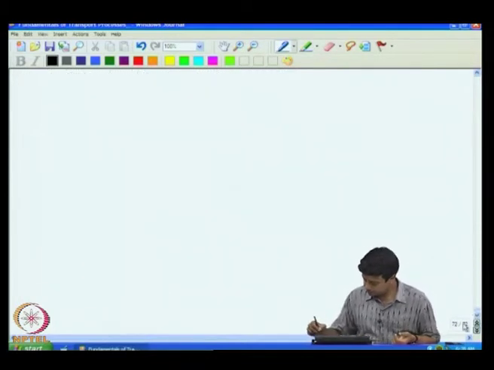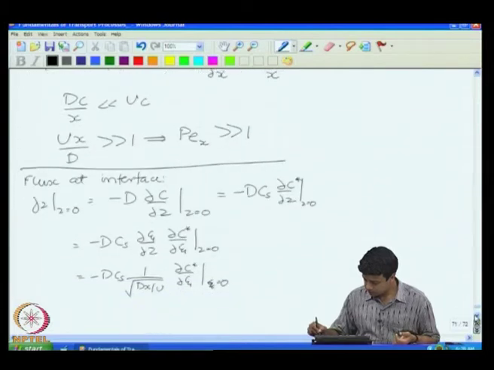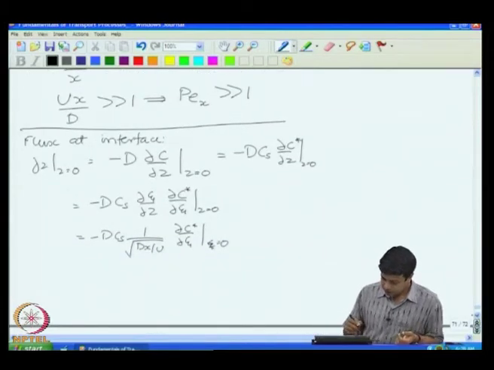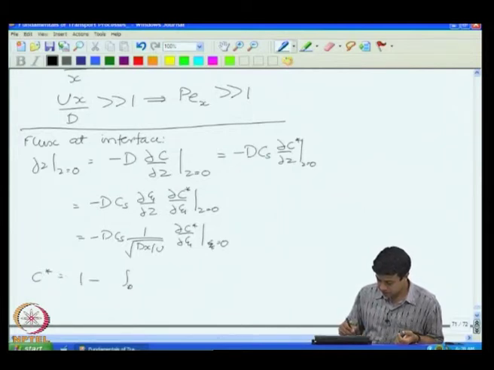And then I had my solution, c star is equal to 1 minus integral 0 to psi d psi prime e power minus psi prime square by 4 by integral 0 to infinity.